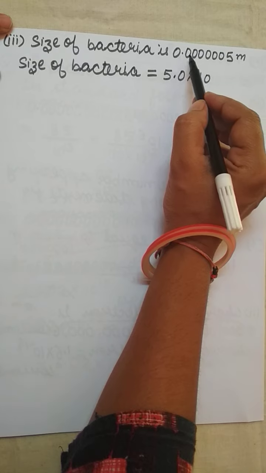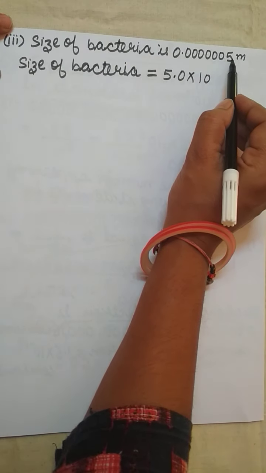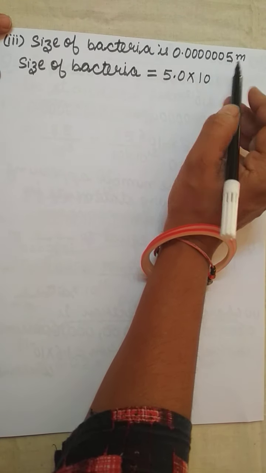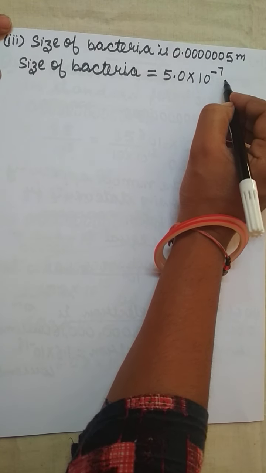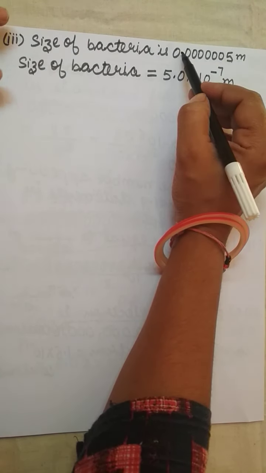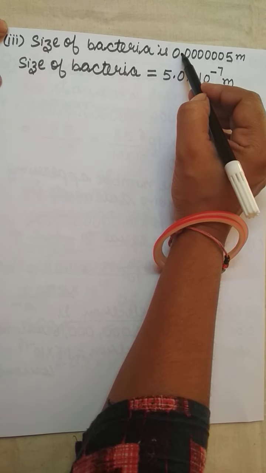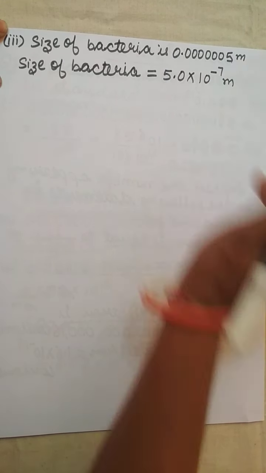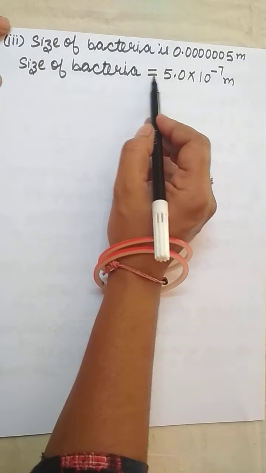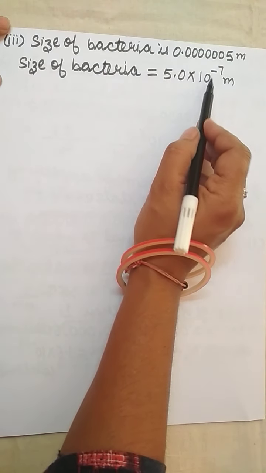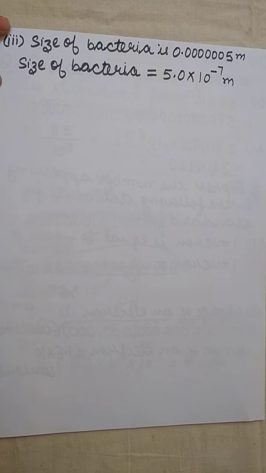Now as there are 6 zeros and this is the 7th digit, so it is 5.0 into 10 raised to power minus 7 meter, as we have shifted this decimal up to 7 digits. So size of bacteria is equal to 5.0 into 10 raised to power minus 7 meter.